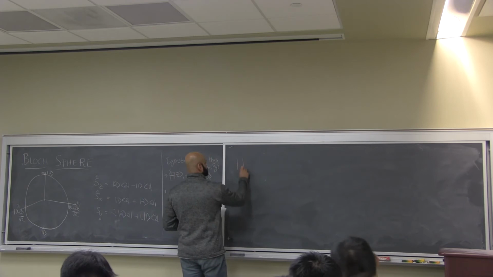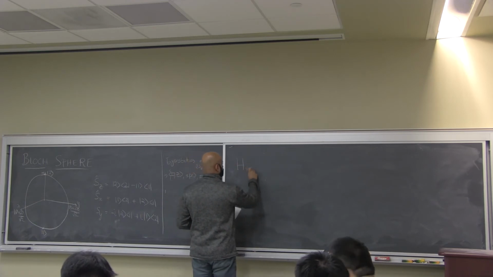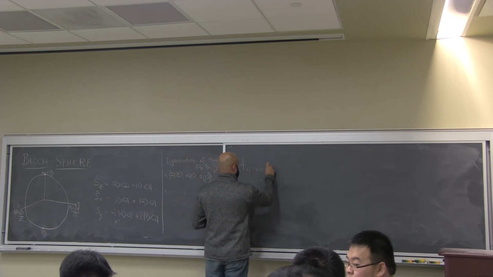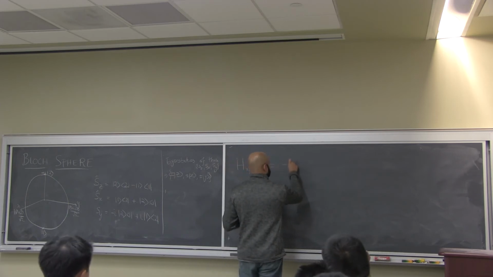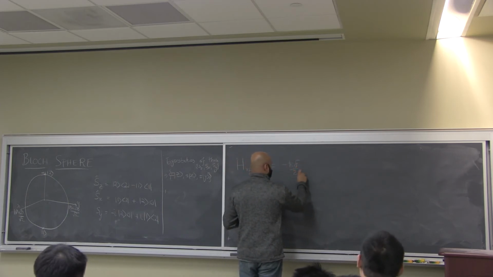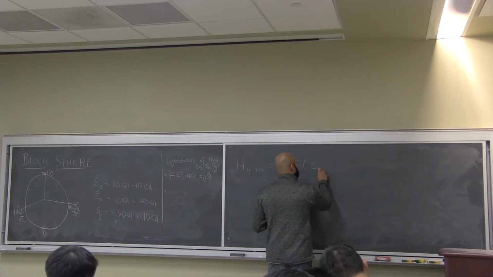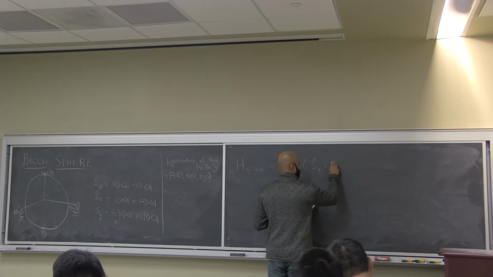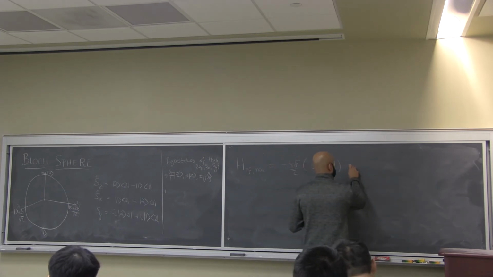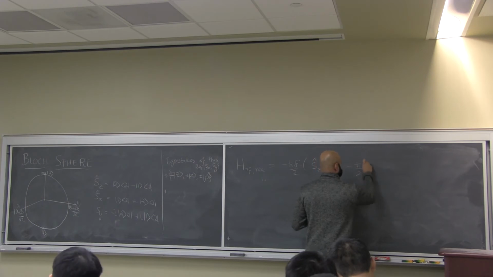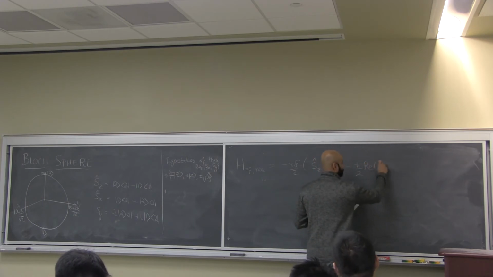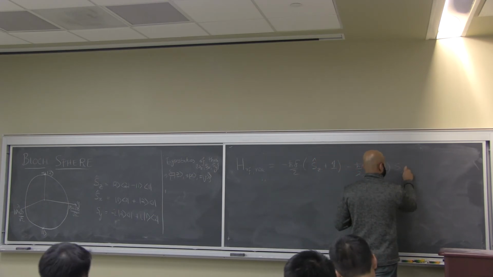In terms of these operators, we can rewrite our Hamiltonian as minus h bar delta over 2 Sz, plus h bar over 2 real part of omega times Sx.